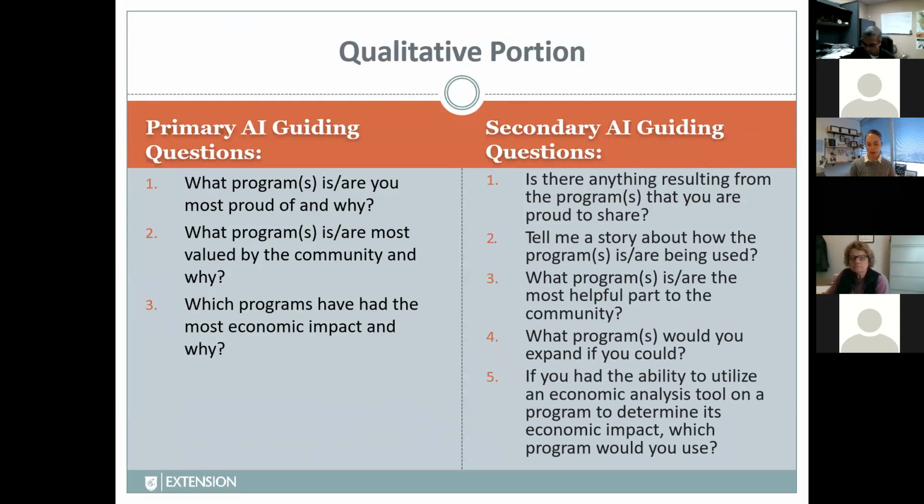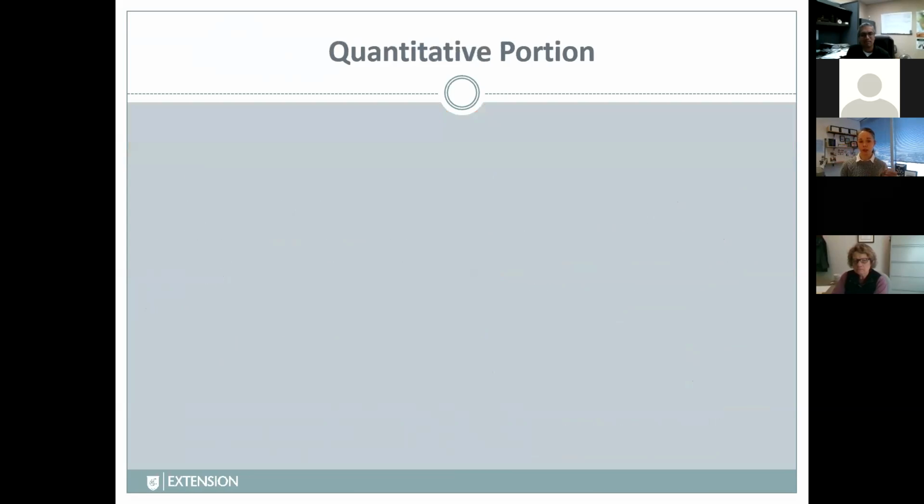So: things resulting from the programs that you're proud to share, telling stories about how the programs are being used, most helpful part to the community, what programs would you expand if you could, and the toughest one, and we haven't had a lot of traction with this one, is if you had the ability to utilize an economic analysis tool, which program would you use? And so we often get the program, but then not the how exactly that would work, and that's kind of what we're still working on. So that was the qualitative portion.